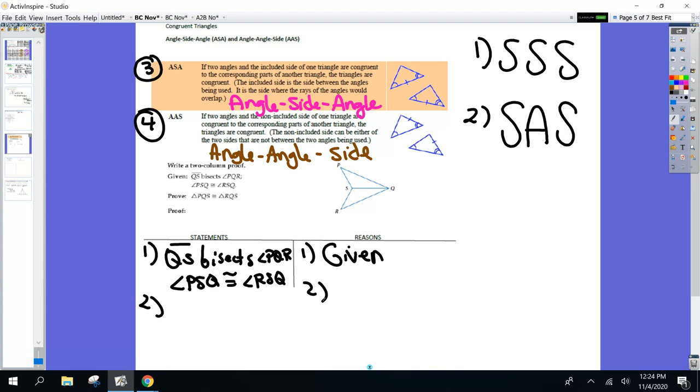All right, let's do this. Let me mark the 2 congruent angles on here. PSQ, and RSQ. There we go.